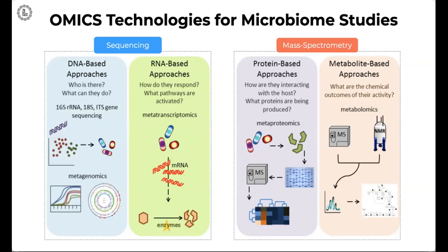All of these approaches will help us study, for example, how these microbes interact with the host and how these microbes interact with a pathogen, which might end up changing the composition of the microbial community in general, right? So this is how we will approach these microbiome studies.